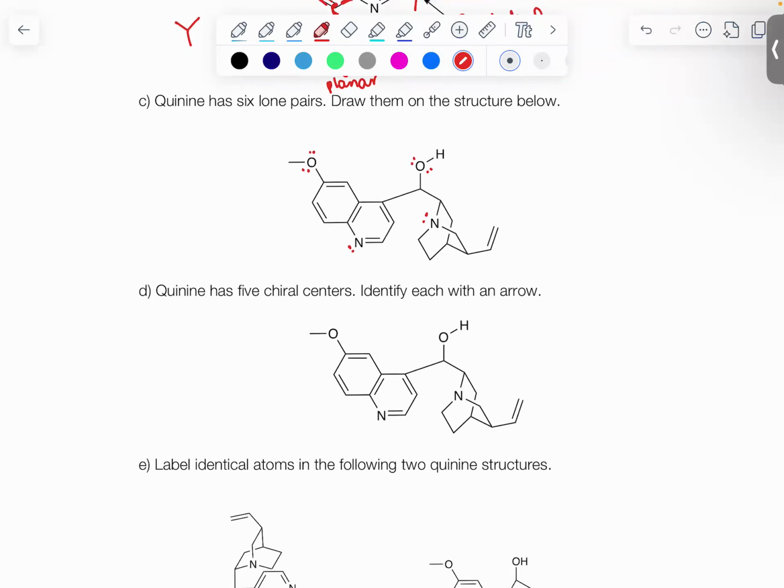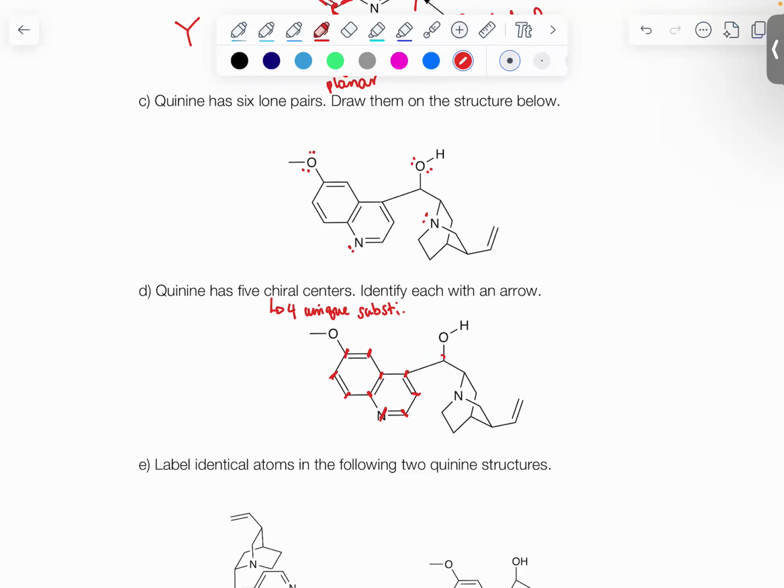So part D, quinine has 5 chiral centers. Identify each with an arrow. So when we have chiral centers, we're looking for 4 unique substituents. And so anything that has a double bond, we can knock out here because it won't have 4 unique substituents.